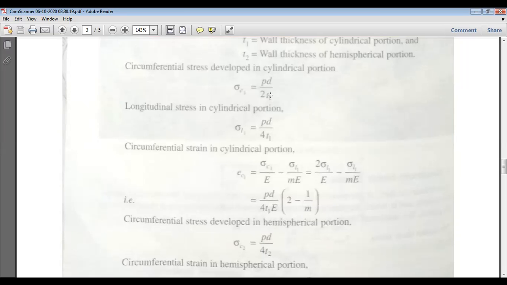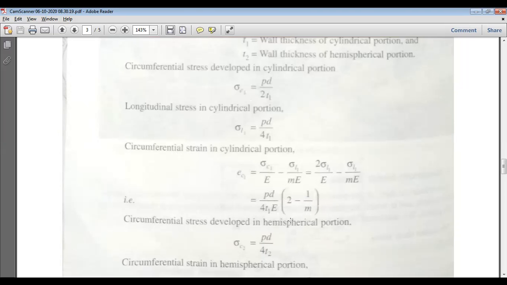So EC1 is sigma C1 by E minus sigma L1 by M into E. We complete this with PD by 4t E times 2 minus 1 by M, where 1 by M is Poisson's ratio, which we have studied many times.